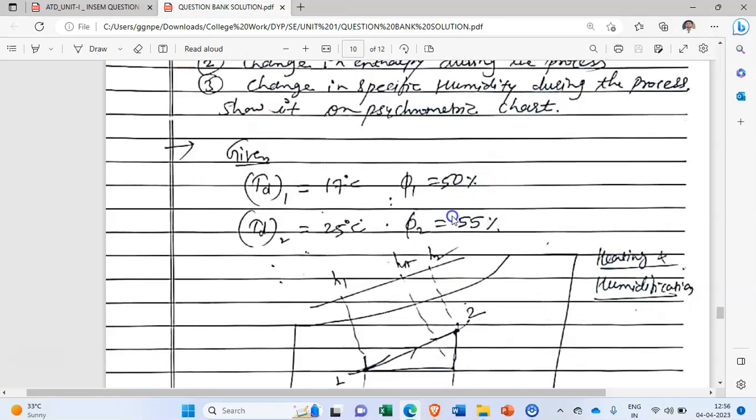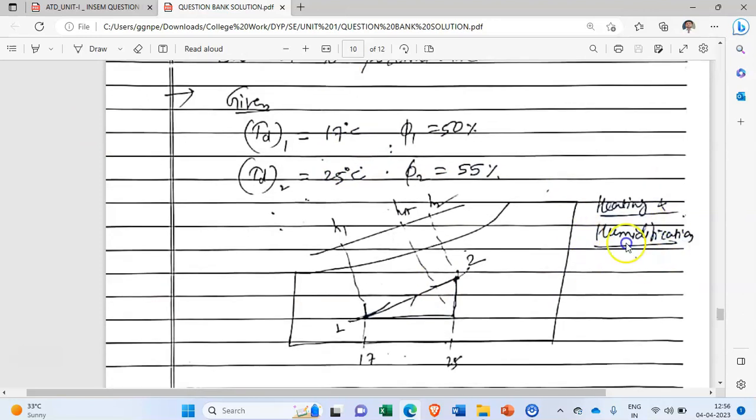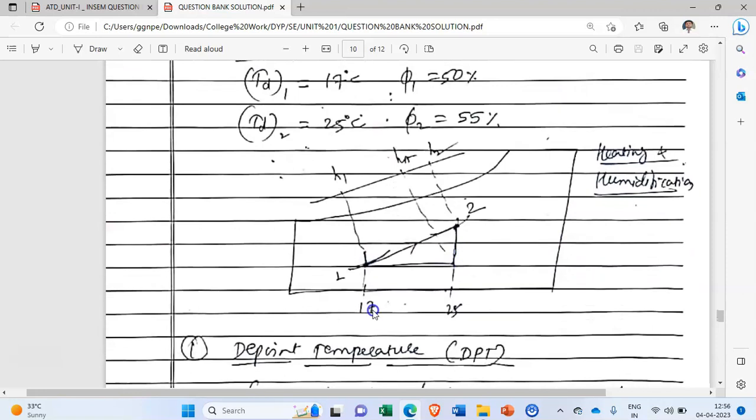So it is 55%. If you see carefully, temperature is increased from 17 degrees Celsius to 25 degrees Celsius, so we can say that it is a heating process. Whether it is humidification or dehumidification, for that we have to draw a line on the chart.